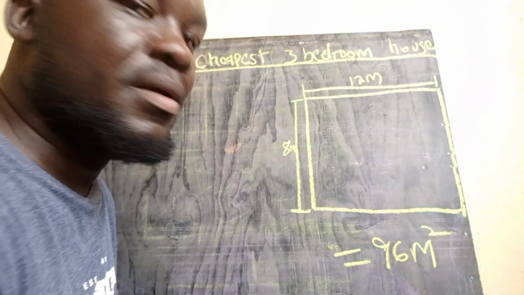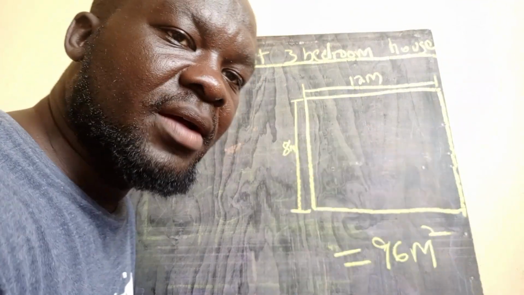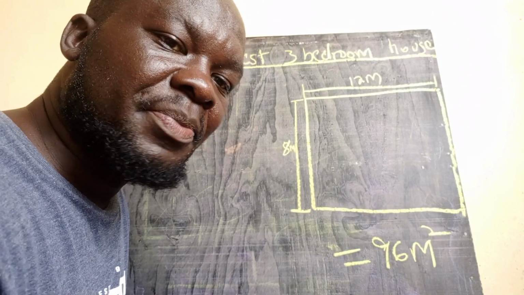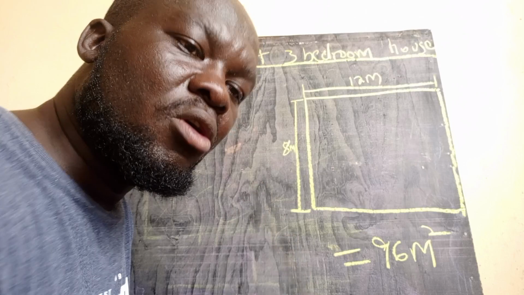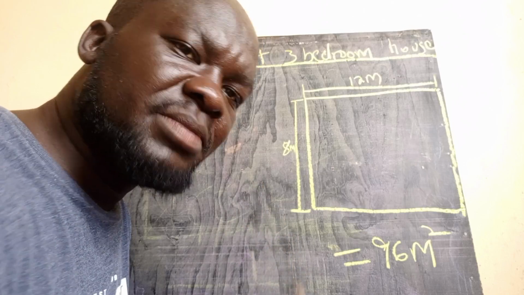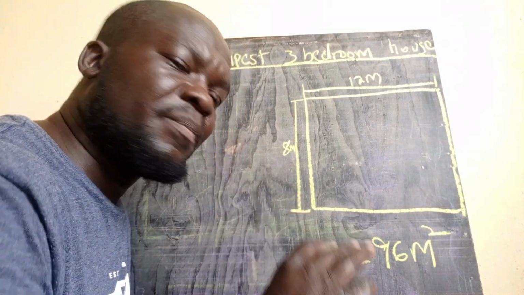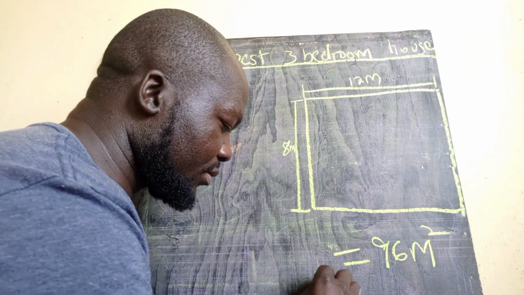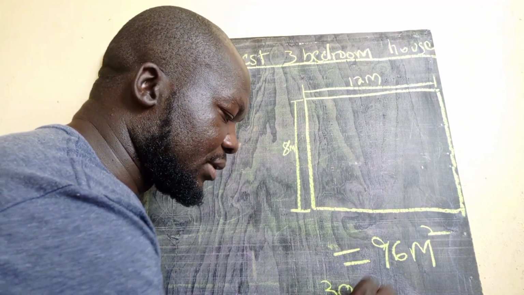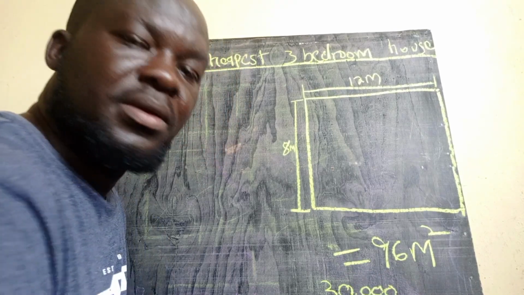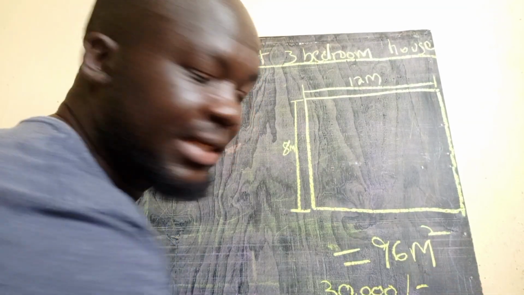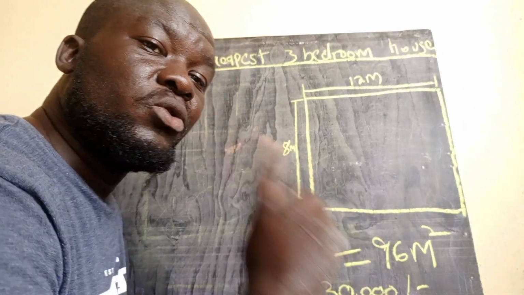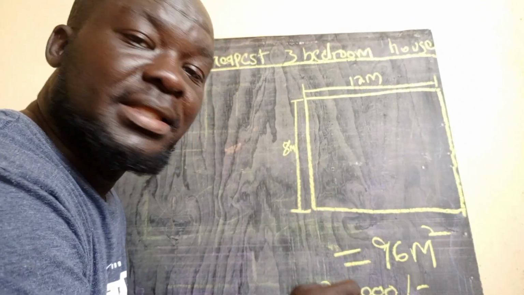So every meter square for your house to be completely done, that is foundation, walling, roofing, finishing, gypsum, tiles, everything, per every meter square, you do it by 30,000 shillings. Per every meter square, you do your house by 30,000 shillings.